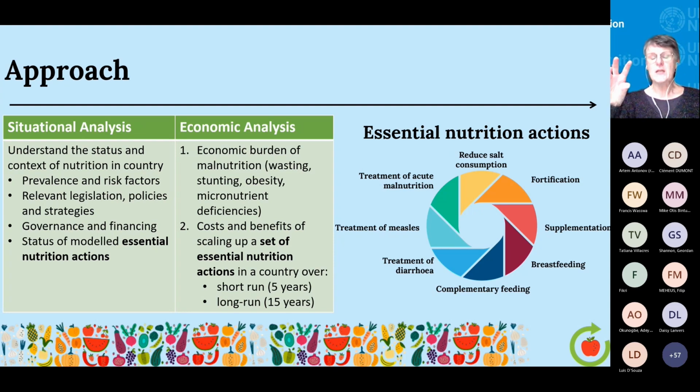What we did with these essential nutrition actions was group them into 5 categories to make it a little bit easier. The 5 categories are periconceptual, pregnancy, preventive, curative, and salt reduction. So if we can have the next slide, please.